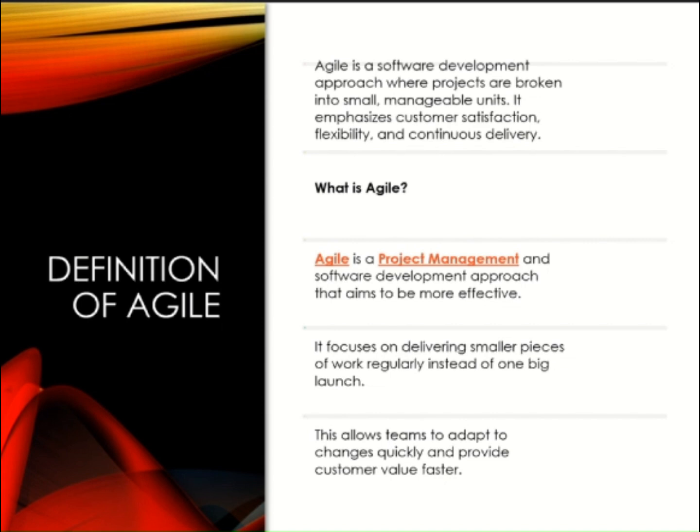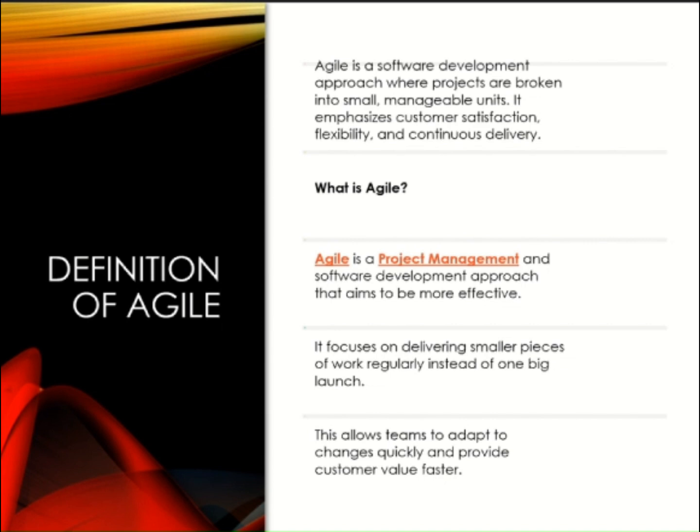Sprint 1: create login and sign up. Sprint 2: add food items and category. Sprint 3: add cart and payment. Sprint 4: add order tracking. After each sprint you show the app to the client, take feedback and improve the next version.